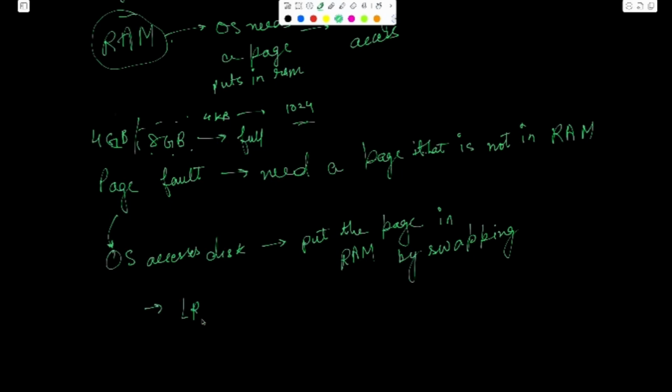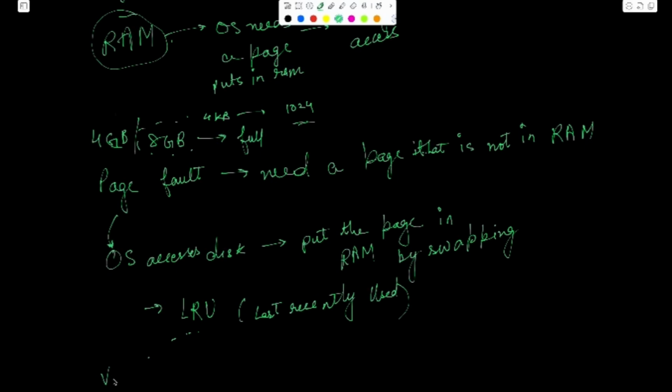For example, one of these is LRU, which is least recently used. I'll explain that in detail in one of the upcoming videos, but it picks the page which is at the last in the queue of recently used pages and replaces it, because it's more likely not to be needed in the future. So this is one of the strategies that we have.